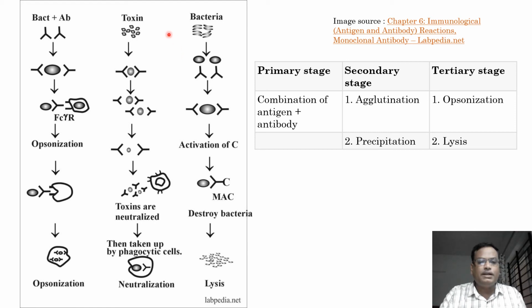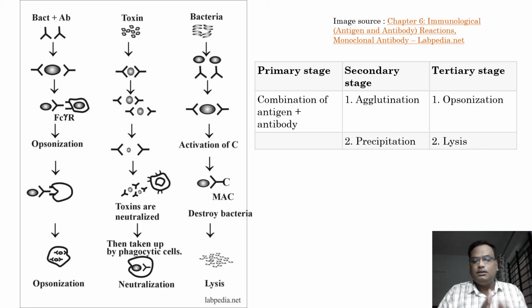In case of precipitation, you think of the toxin material, which itself, the molecule itself is treated as the antigen that is bound with the specific antibodies. And when large number of antigen antibodies clump together, it is going to form the precipitation. This precipitation is also identified by the immunologically active cells. But here the antigens are going to be broken down by the release of some enzymes.